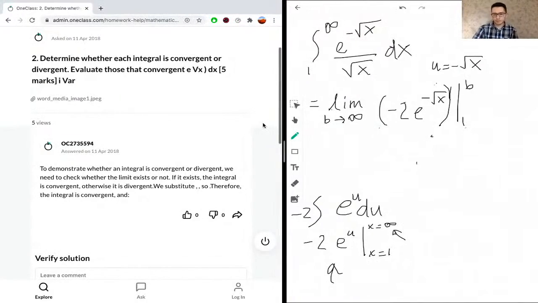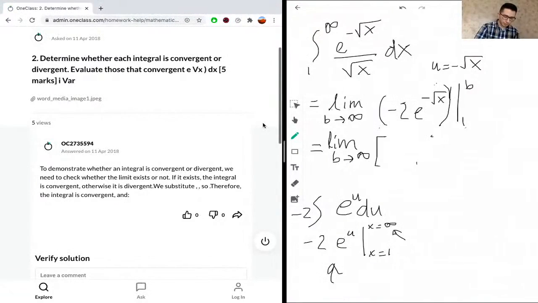Because we had an infinity component, we just took the limit and put a variable up top here. Now we substitute in b and 1, so the limit as b goes to infinity.